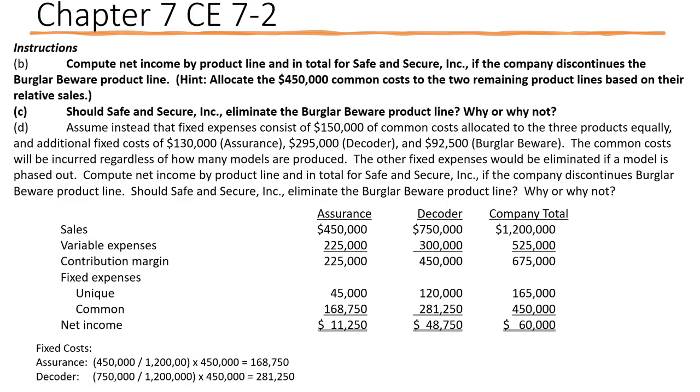Since the net income goes down when we eliminate the Burglar Beware line, because we're spreading that $450,000 across just the two instead of the three components, our net income decreases. We don't eliminate all of that fixed cost that was allocated to Burglar Beware. Our income goes down, so we should not eliminate it, even though that product itself is running at a loss. The company is better off with it.